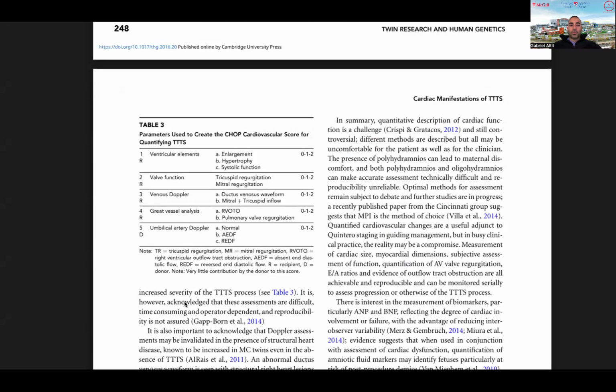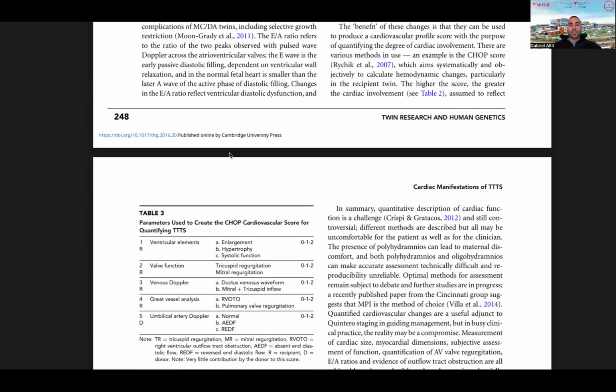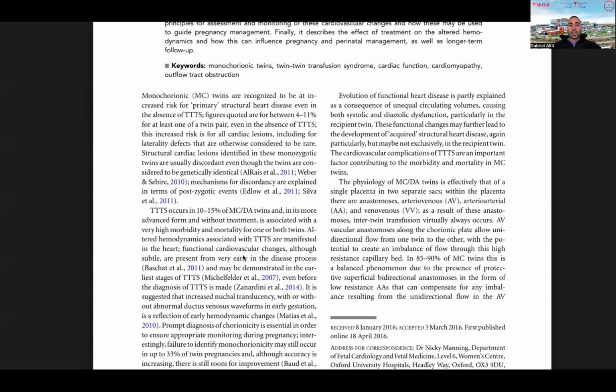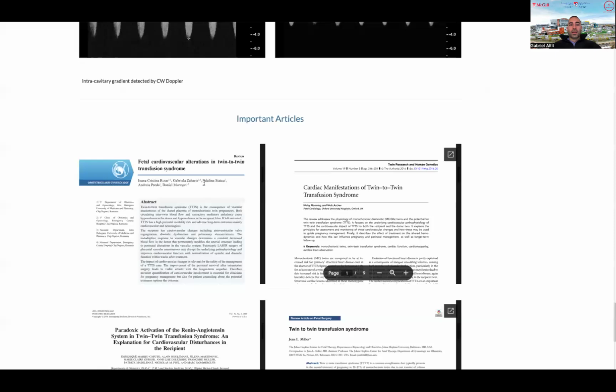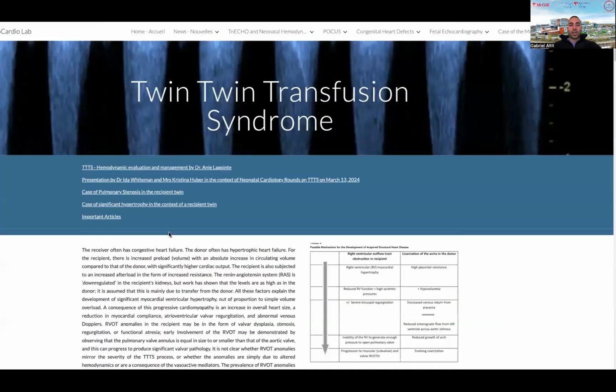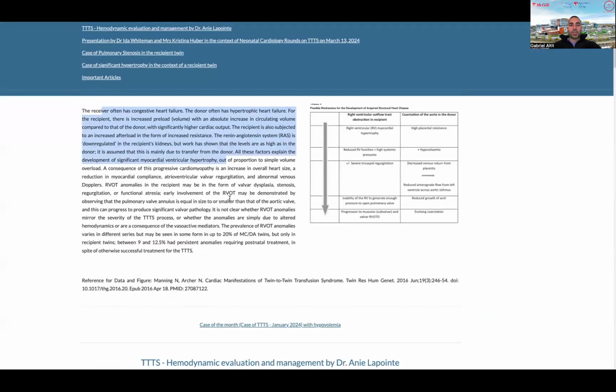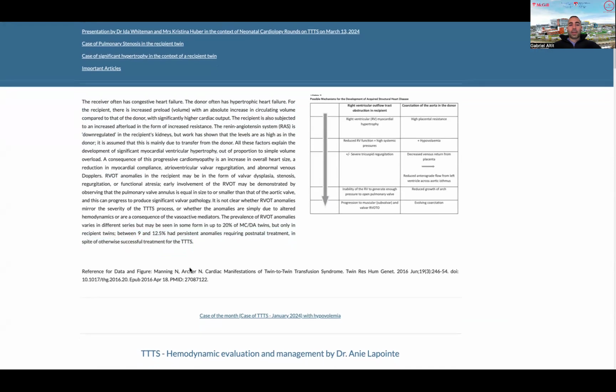So it's very interesting to go over this article. I also put on top of this page a nice explanation about some of the effects that we see in terms of RVOT anomalies and how they should be screened. But you can see that quite a significant number of patients may develop some of these findings. So this was the case for this month.